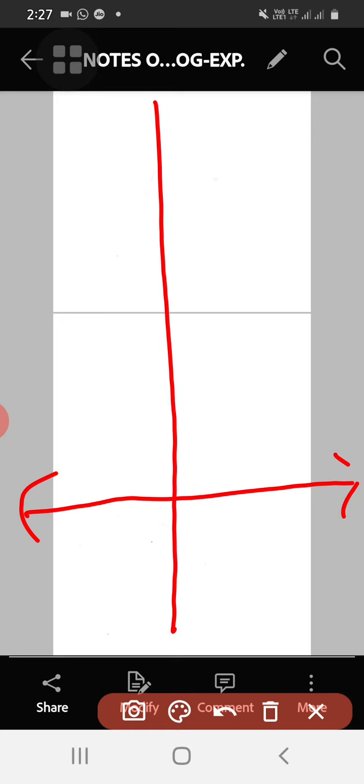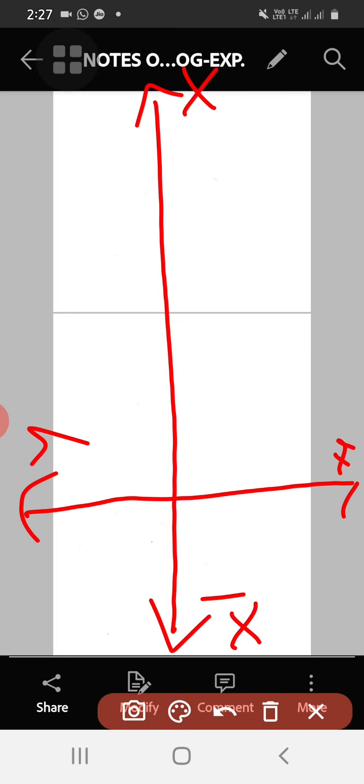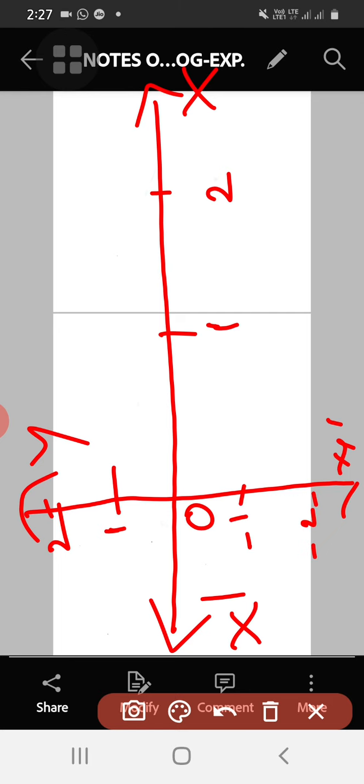Let us draw this x axis and y dash. Okay, this is 1 and this is 2. Positive, you can take this as 1 and this as 2. So you can go on giving the values here, minus 1, then minus 2. Okay, let me mark the points here.